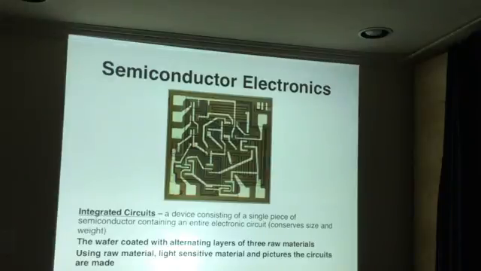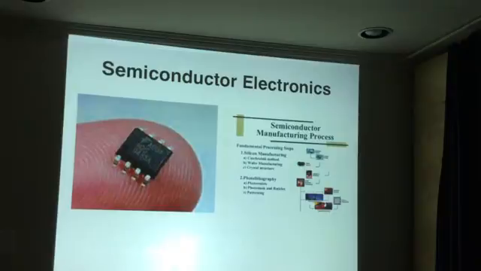And this kind of advancement in technology is what allowed for the advancement of the various devices that we have, such as our smartphones and our computers and our various other devices. So what are the true benefits of these integrated circuits?